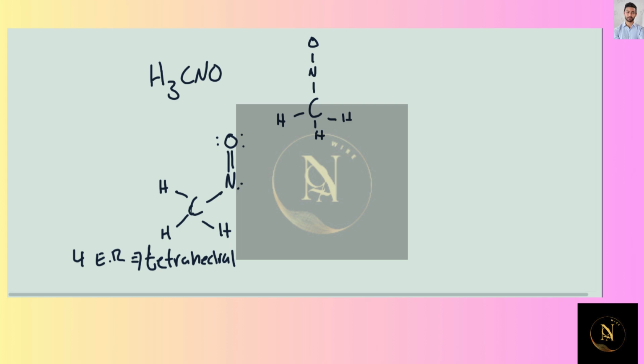Here we've got 1, 2, 3 electron regions, and one of them is a lone pair. So in terms of electronic geometry, this is trigonal planar.